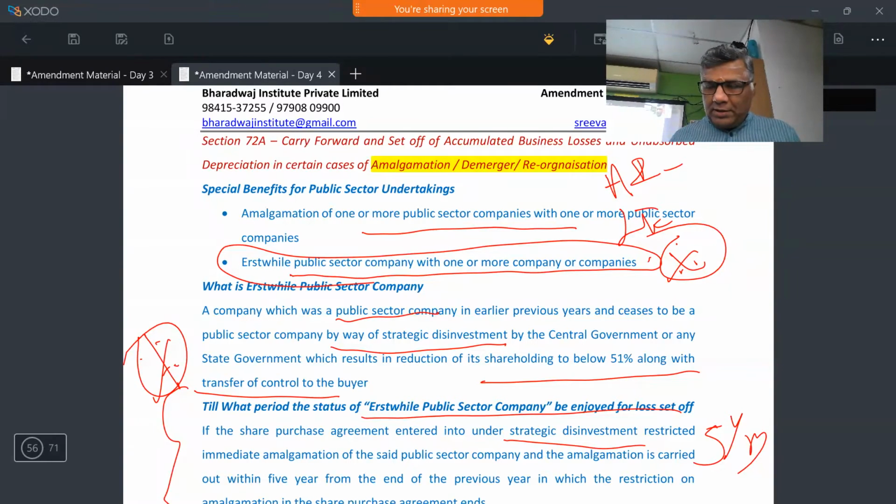Under that, in both the above cases, it will not be regarded as transfer under section 47, that is, under capital gains.